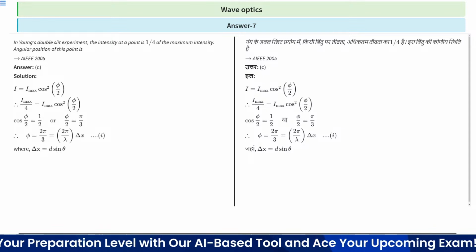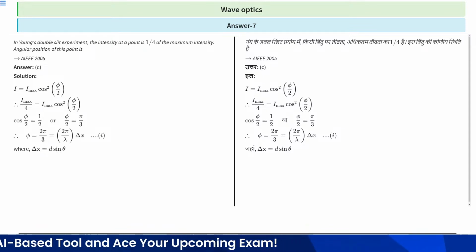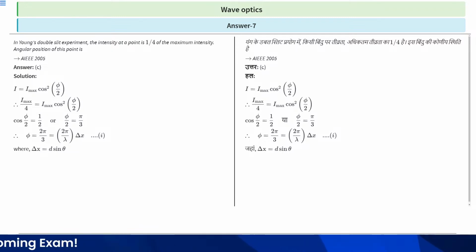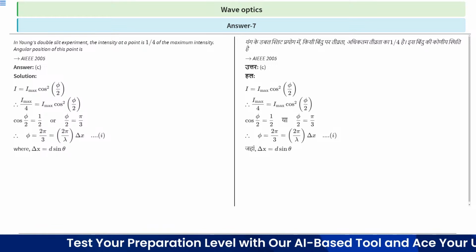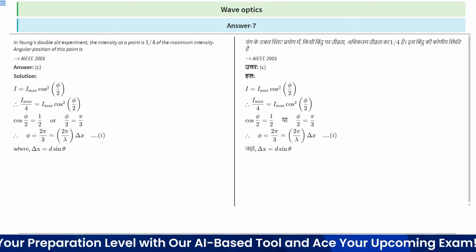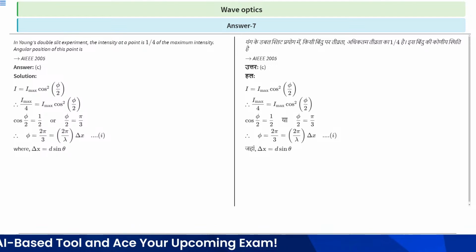Suppose the intensity at a point is 1/4 of maximum. Maximum is denoted by I max, and the 1/4 is I max divided by 4, which is equal to I max cos square phi by 2.